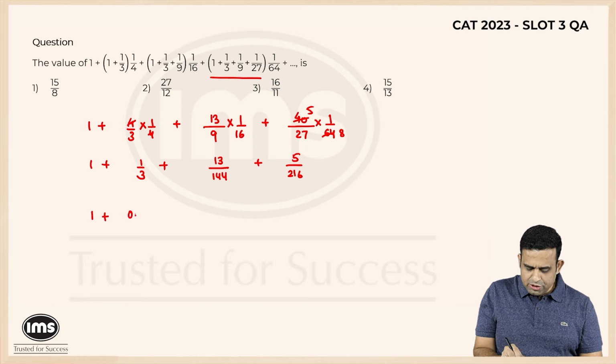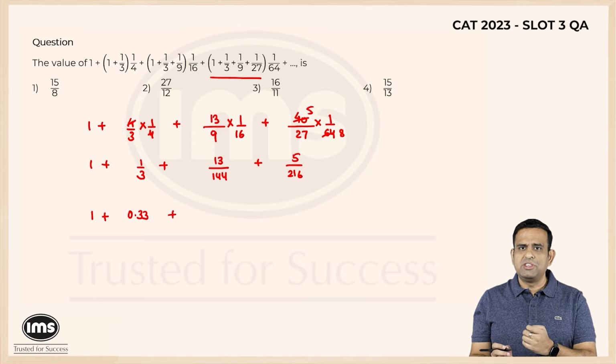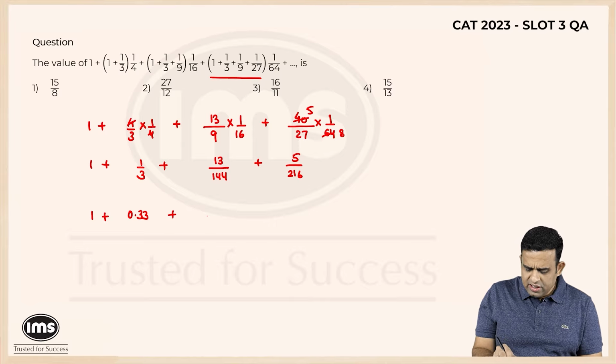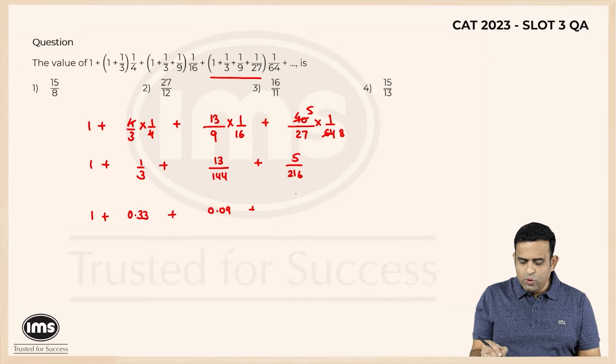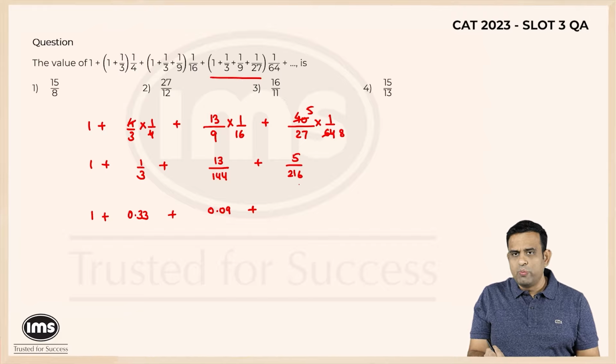This is 1. Second term is 0.33. The third term would be 13 divided by 144. 10% of 144 corresponds to nothing but the number 14.4. So 13 over 144 can be said to be slightly less than 10%, or 9%, which is 0.09 in decimal terms. For 5 over 216, 1% is 2.16, 2% corresponds to 4.32.